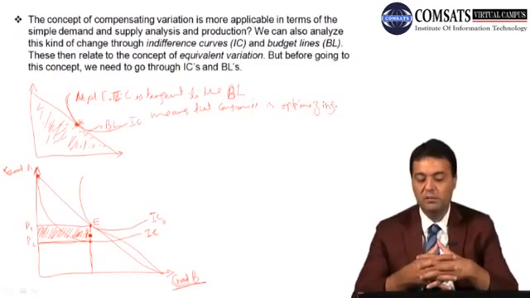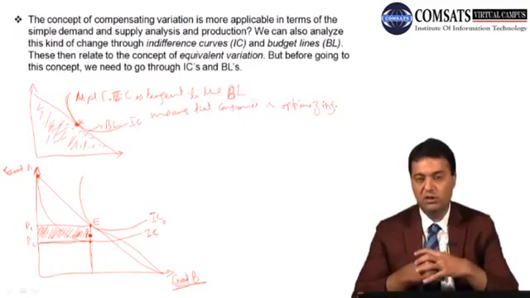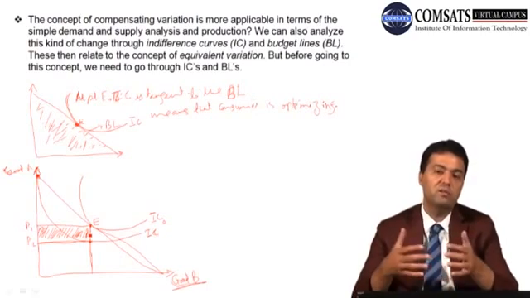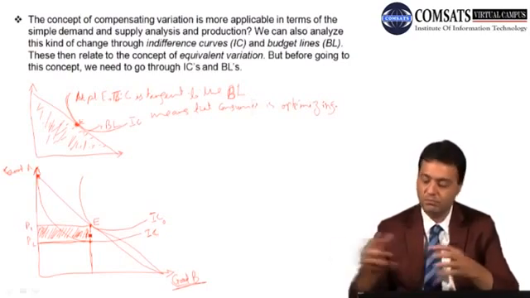So hopefully this again shouldn't be difficult to understand, it's easy enough. It shows the variations that can cause a loss to the consumer, and how the government can step in to compensate that through the criteria of compensating variation and equivalent variation.